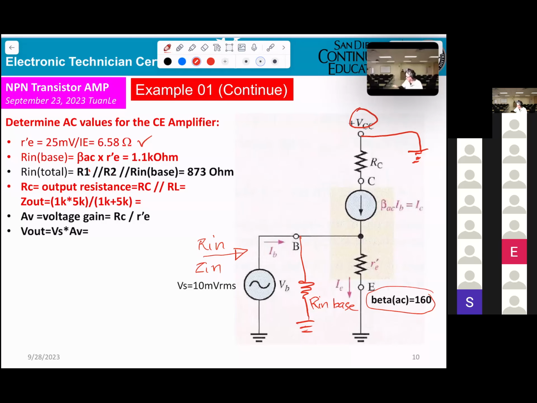Exactly. What's the difference between beta DC and beta AC? Nothing different, just a slightly different value. Is that given by the manufacturer? Exactly.